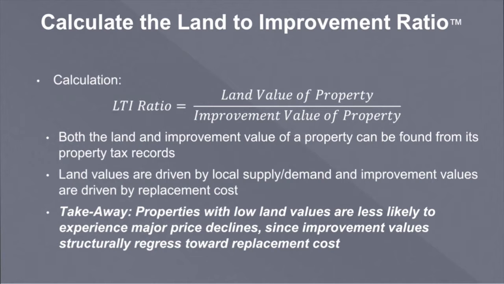Land values are driven by the local supply and demand picture, and a lot of it by psychology. Because when the markets are going crazy, when they're getting really frothy and prices are going up very quickly, people have this psychology that is a fear of loss, a scarcity mentality, not an abundance mentality.